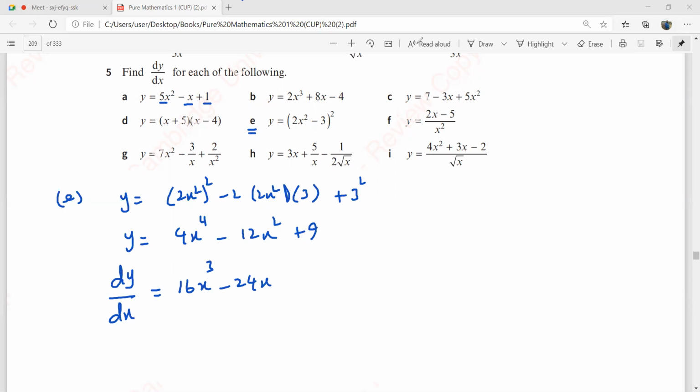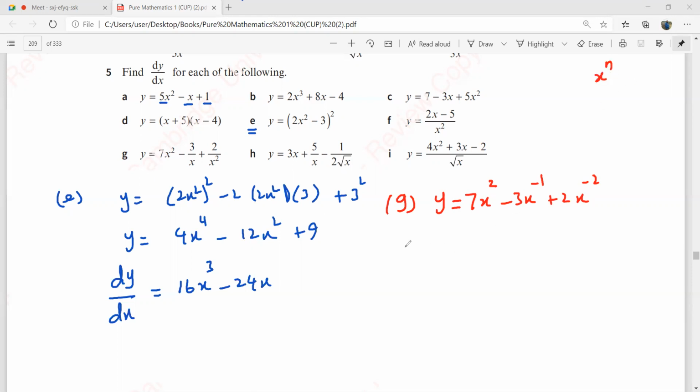If you look at the g part, guys, I'll first of all write it in the form in which I can differentiate this. This is minus 3x to the power minus 1, and then plus 2x to the power minus 2. There are many students who just do that mentally. If you can do that, please do. Otherwise, there's no harm in showing the steps. So now all of these terms have been written in the form x raised to power n.